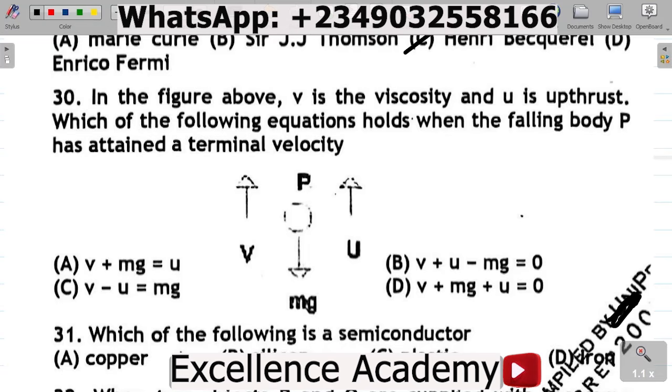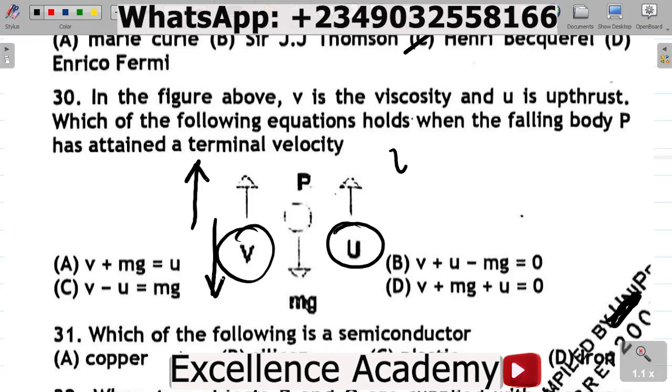For equilibrium, we know that the sum of forces going upwards is equal to the sum of forces coming downward. That's all. The forces going upwards are U and V. So the sum of forces going upward, V plus U, is equal to the sum of forces coming downward. Coming downward is just mg. So it becomes equal to mg.